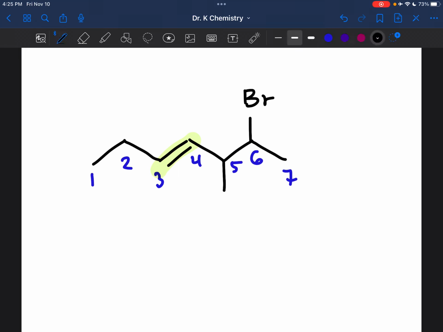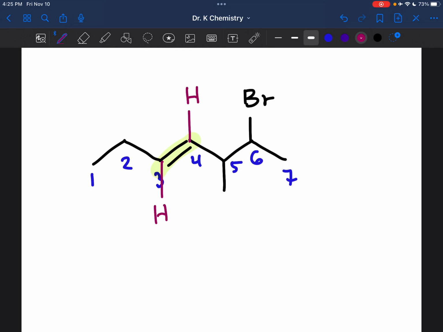All right, so I want to focus on that double bond. In the line angle model, we're not showing where the hydrogens are, but keep in mind that this carbon right now has 3 bonds, which means that there's a hydrogen here that we haven't been drawing in. So there's a hydrogen right here, and carbon 4 also has a hydrogen.